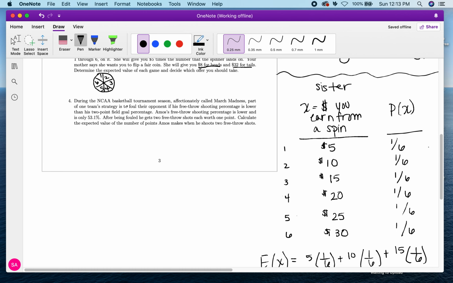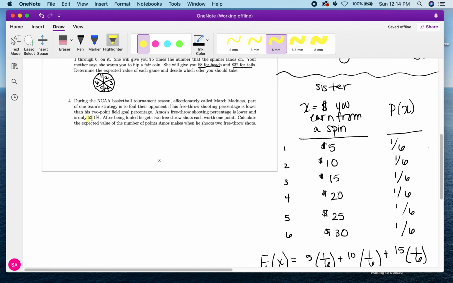During the NCAA basketball tournament season, affectionately called March Madness, part of one team's strategy is to foul their opponent if his free throw shooting percentage is lower than his 2-point field goal percentage. Amos's free throw shooting percentage is lower and is only 53.1%.